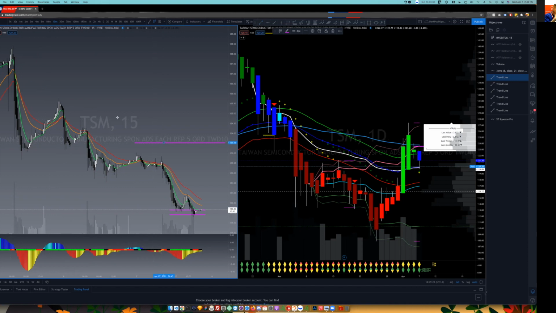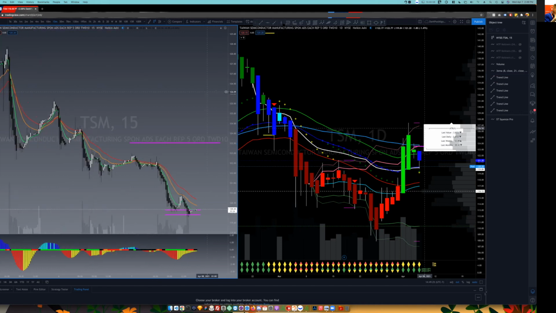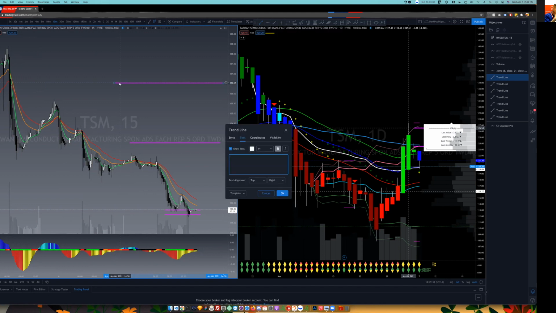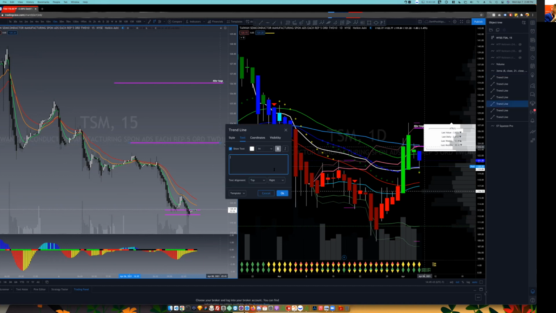Daily top, where our top is 126. So we've got our 4-hour top. Daily top.